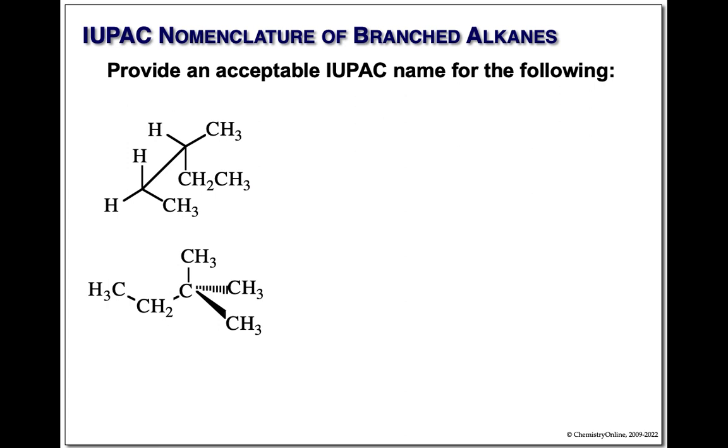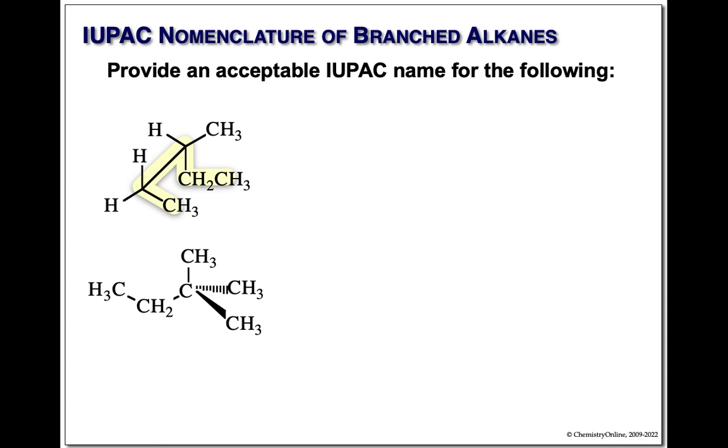This guy. It's a sawhorse configuration. First thing you want to do is find your longest chain. Well, I can do 1, 2, 3, 4, 5 carbons and get a chain. Now, I need to decide which is carbon 1.